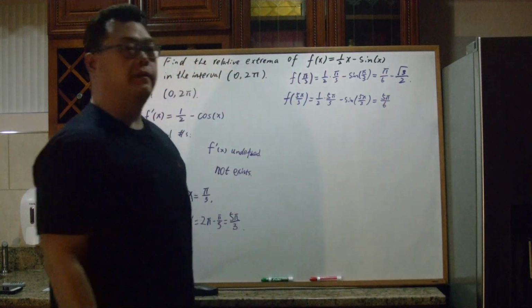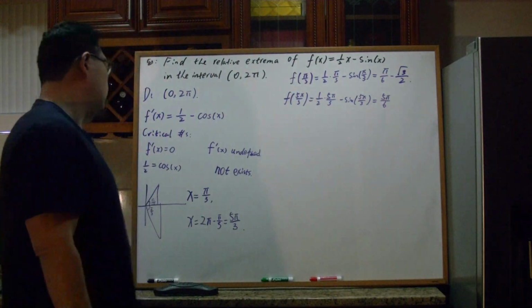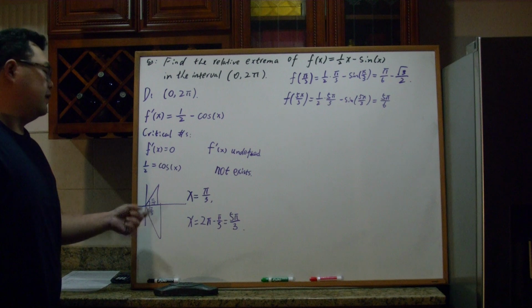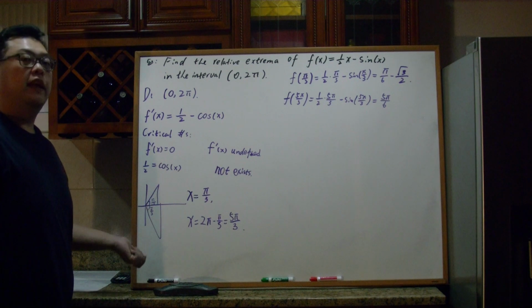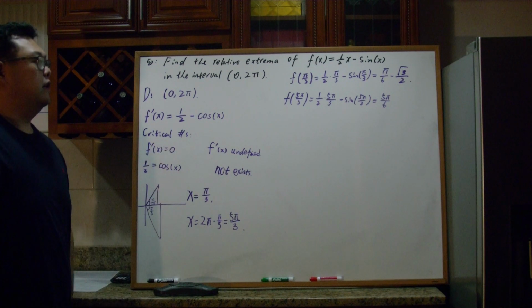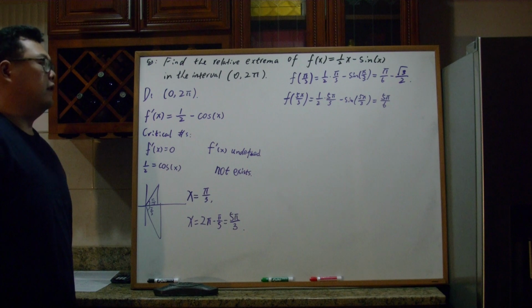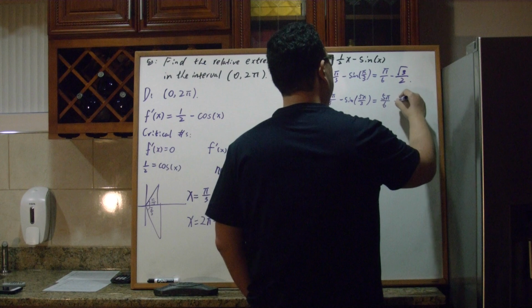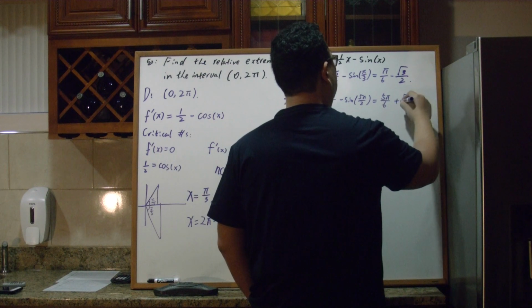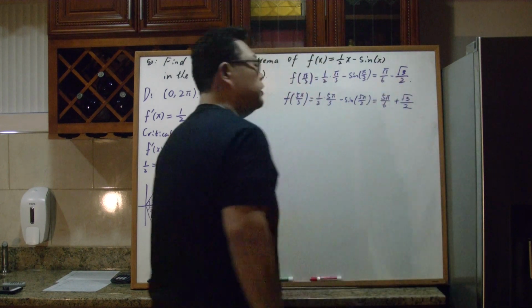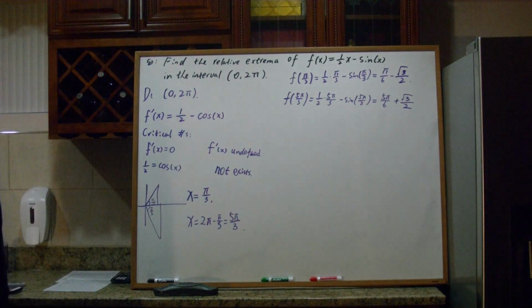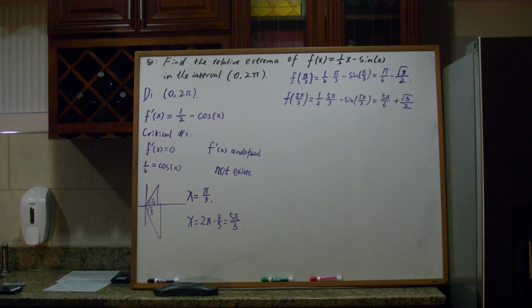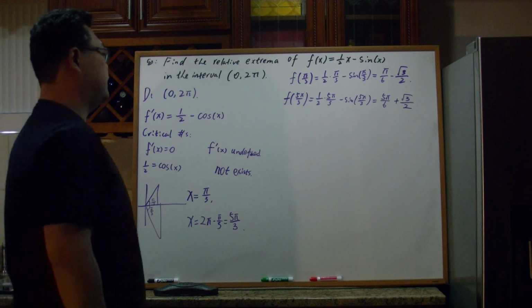Since that is the same reference angle, the sine will be the negative of the sine of pi over 3, which is negative radical 3 over 2, and with the minus sign it becomes positive radical 3 over 2. That is our point.